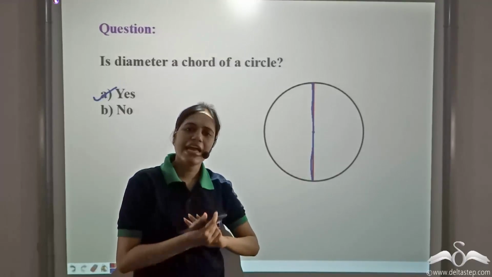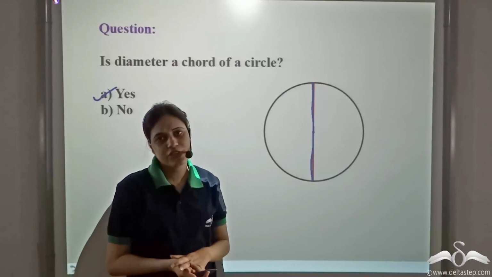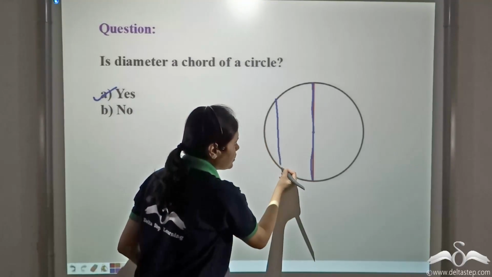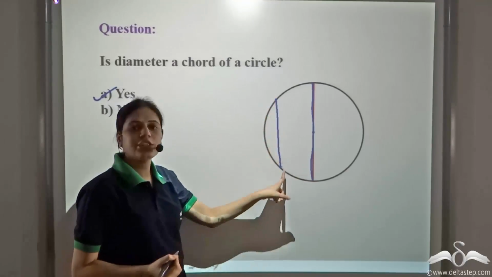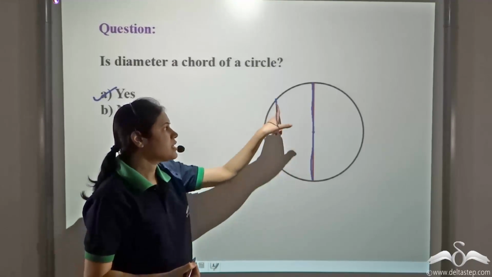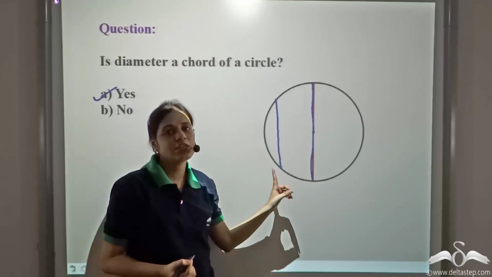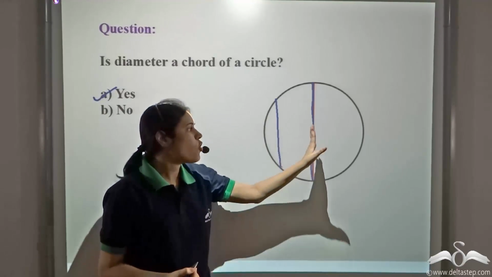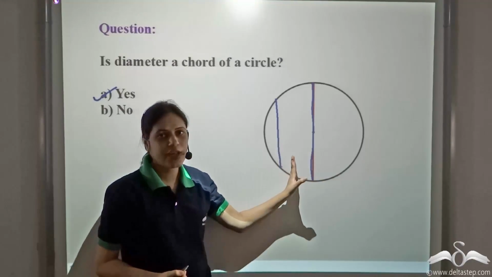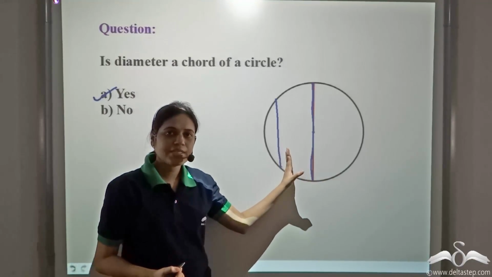In fact, any diameter is a chord of the circle, but any chord, this is a chord because it joins 2 endpoints of a circle. So this is a chord, but this is not a diameter. So all diameters are chords, but all chords are not diameters, right?